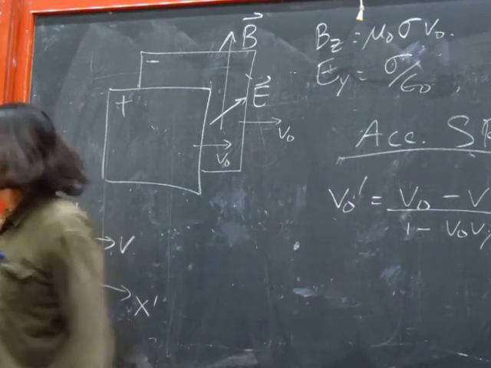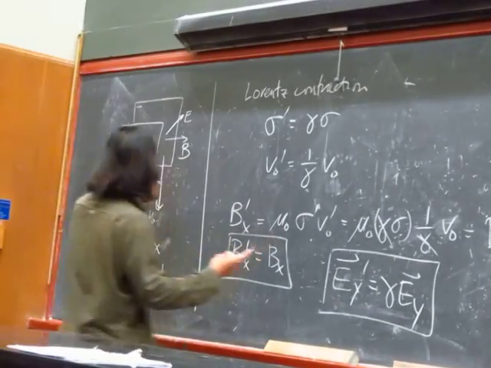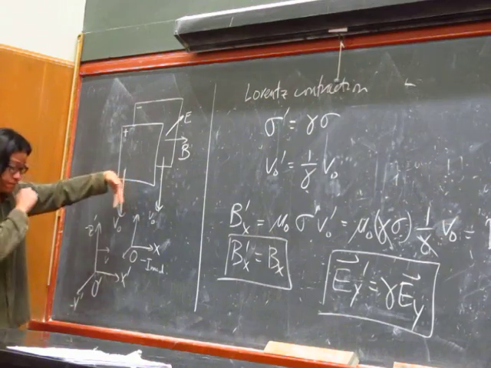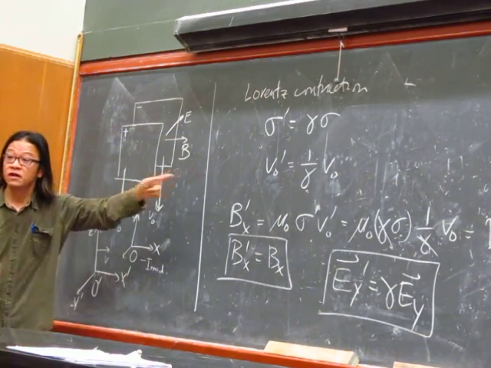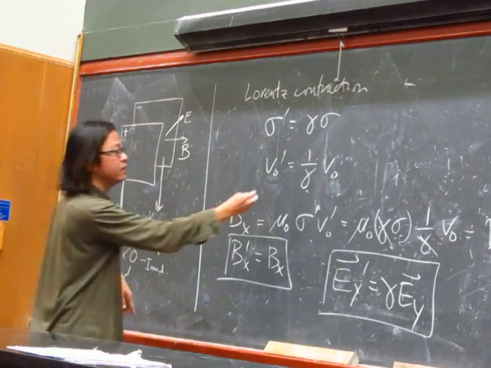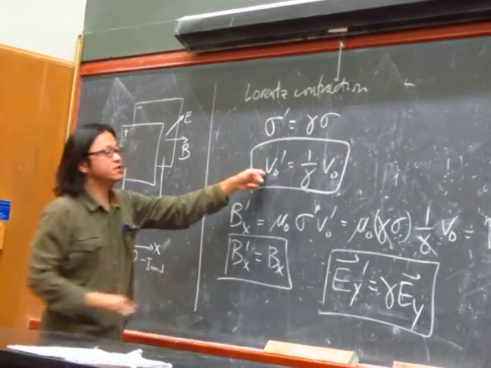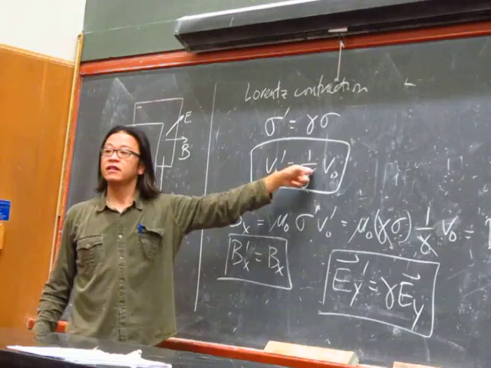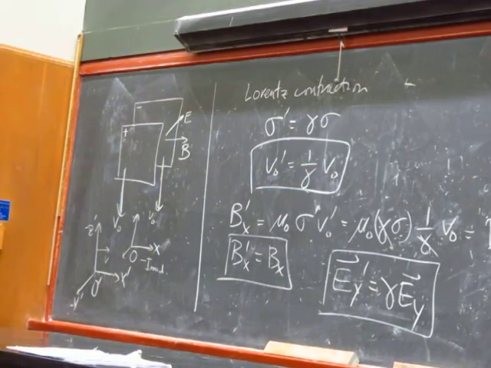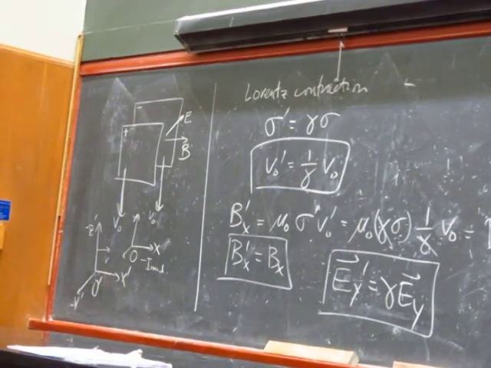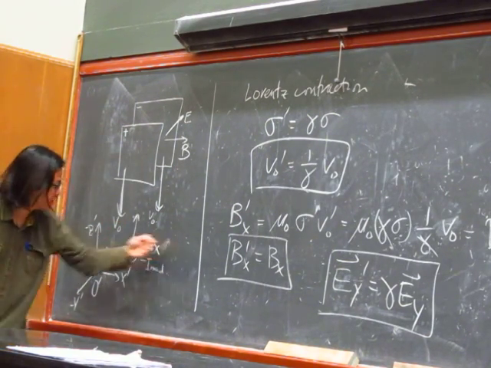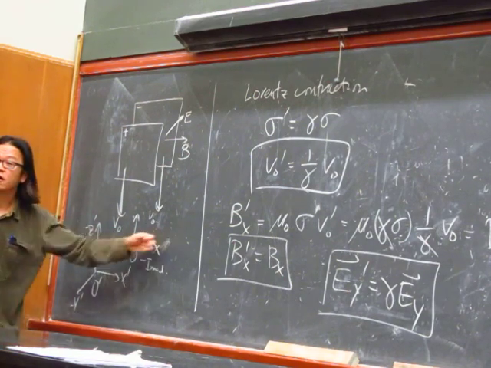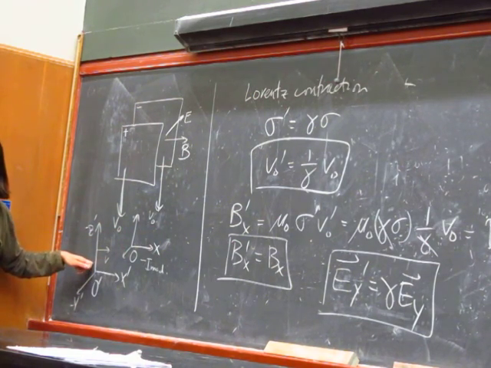Oh, okay. Here it's very simple because the velocity V naught is perpendicular to the direction of motion. The velocity addition formula is just that. The velocity V naught is perpendicular to the direction x of the velocity of the frame.